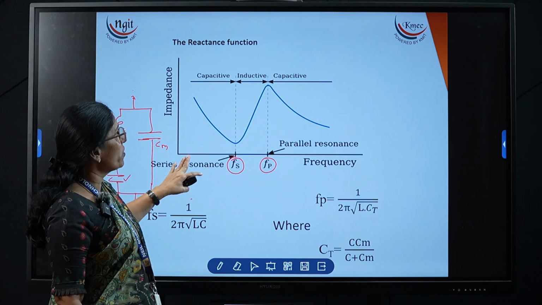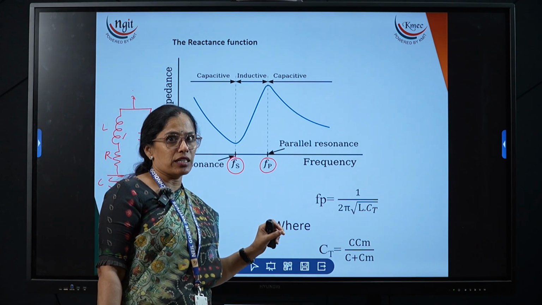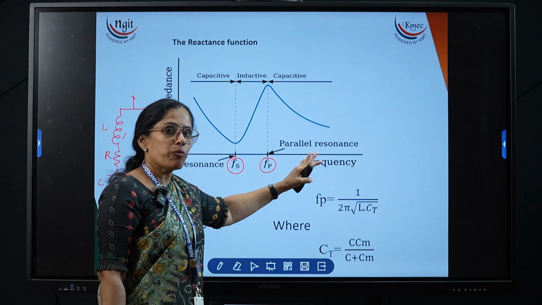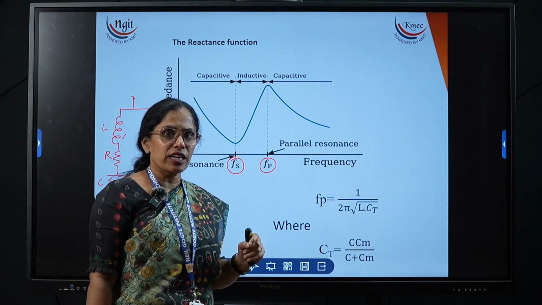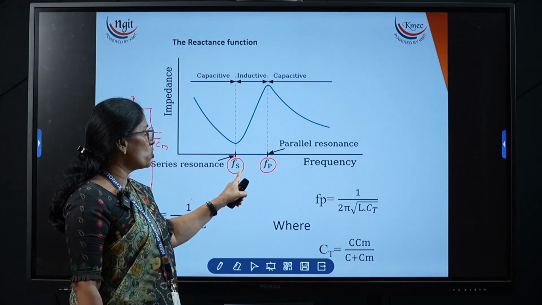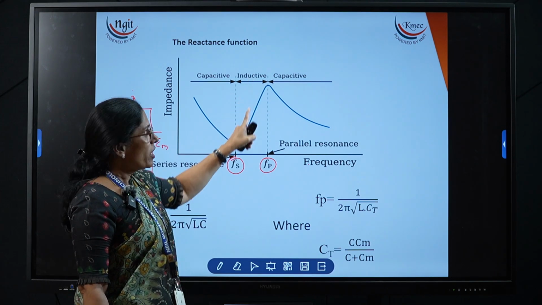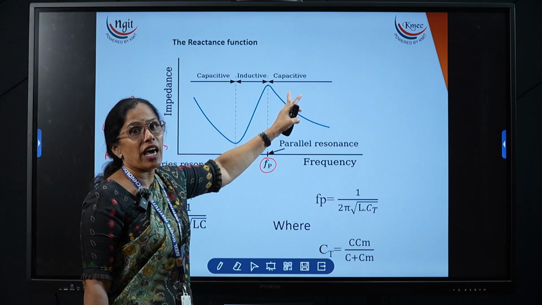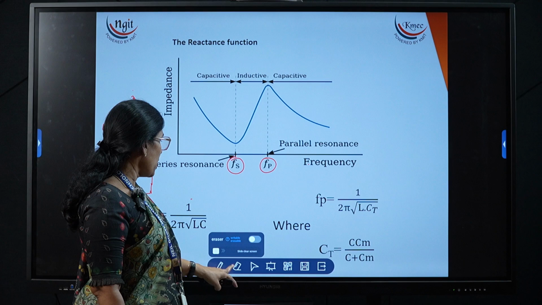If the frequency is in between these two, the crystal acts like an inductor, and if the frequency is less than Fs or greater than Fp, then it acts like a capacitor. So we can use this crystal as an inductor or a capacitor depending upon the frequency, and by using this, we can design the crystal oscillator.